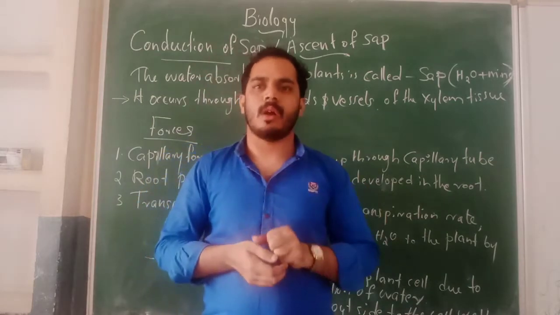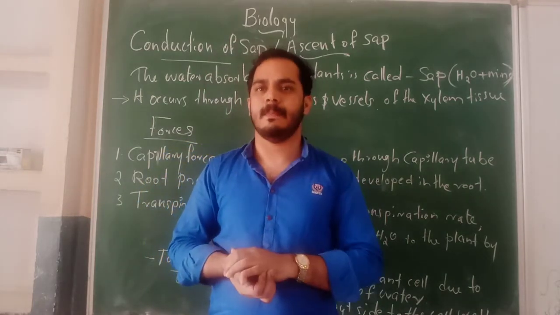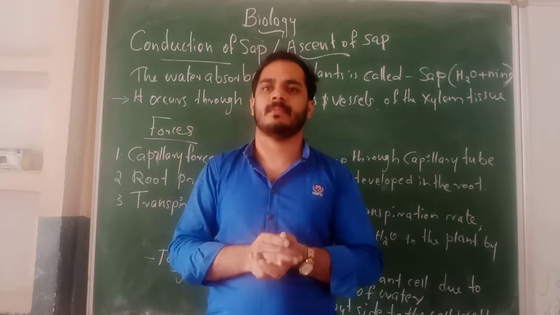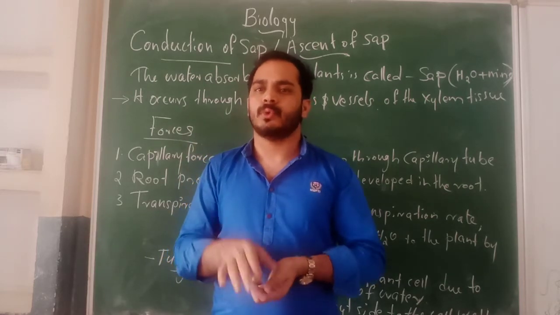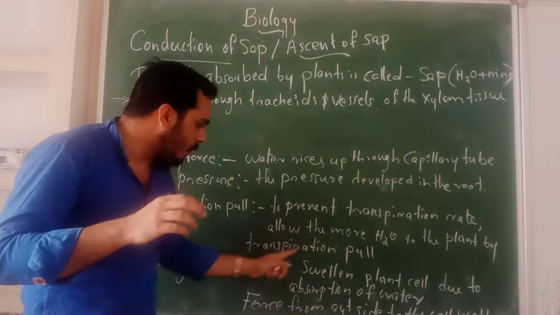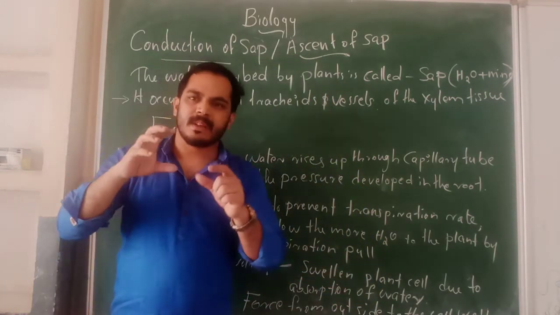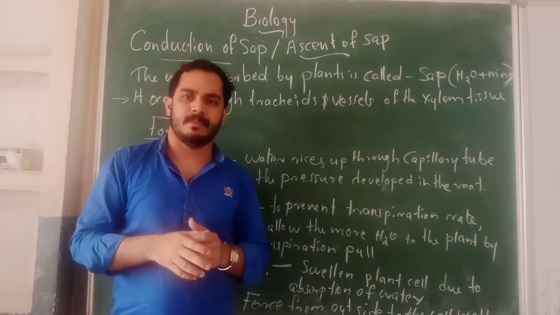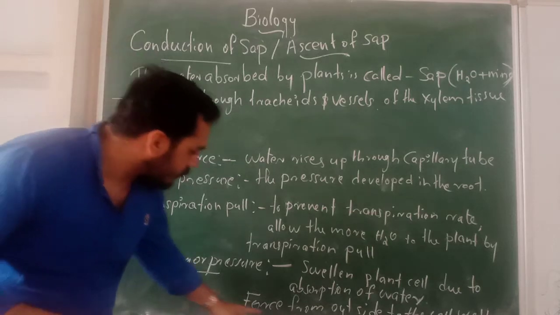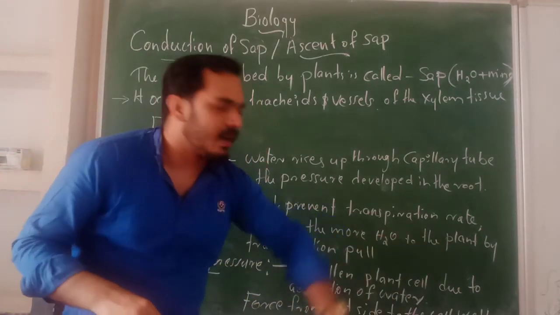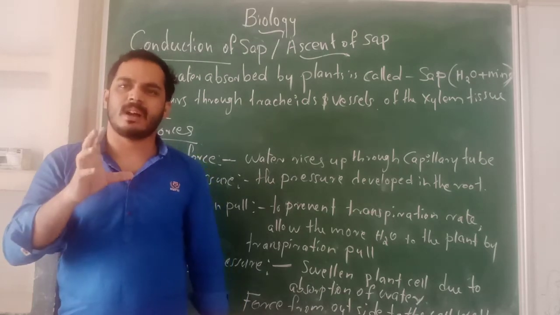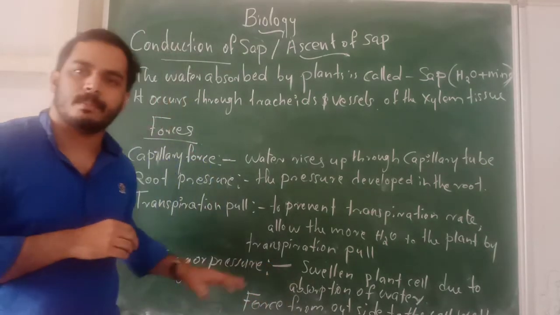When the plant cell absorbs water, it becomes turgid, meaning bulged. The protoplasm then presses outward against the cell wall. This pressure is called turgor pressure.